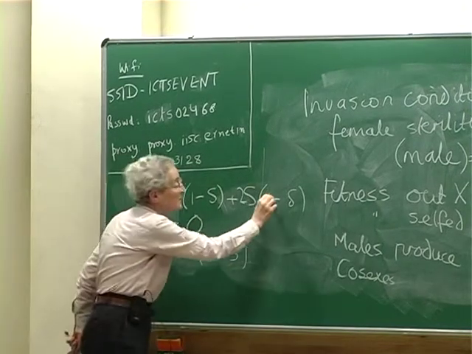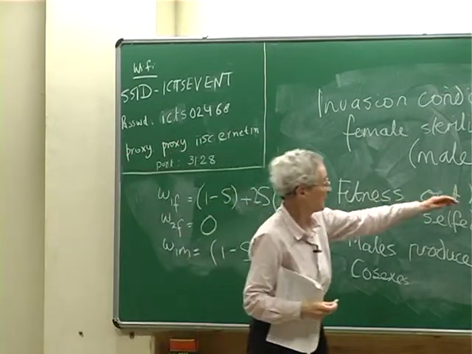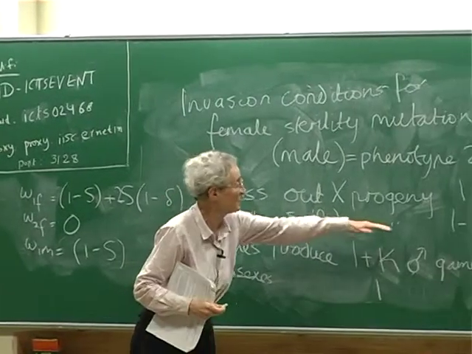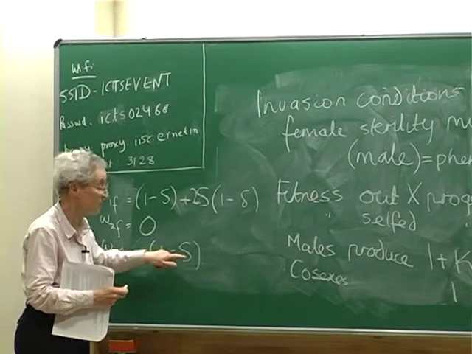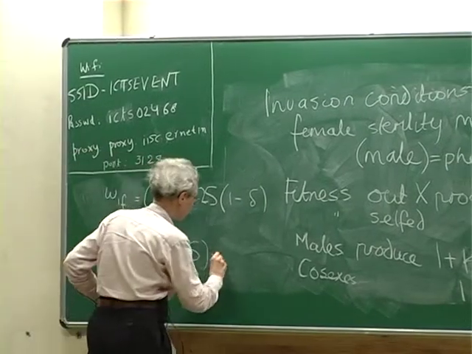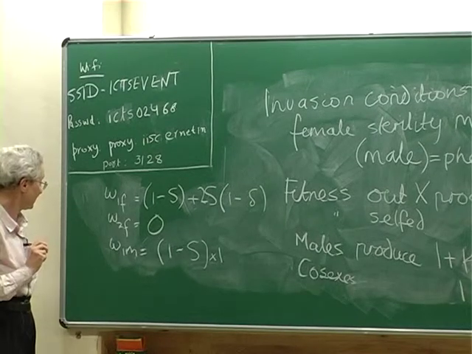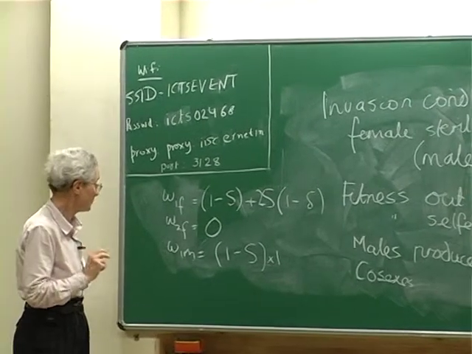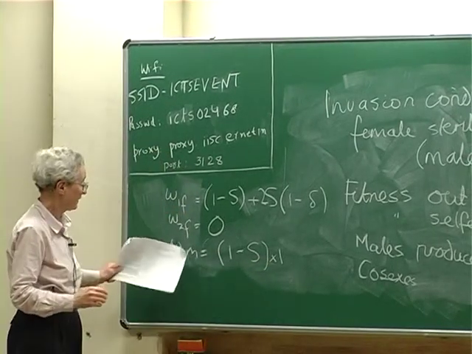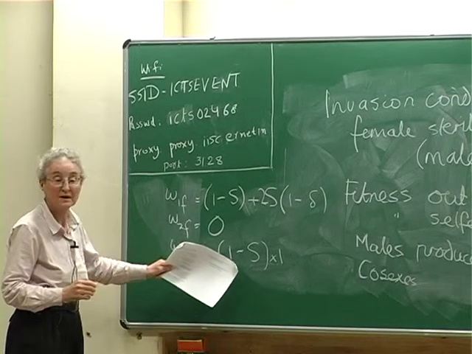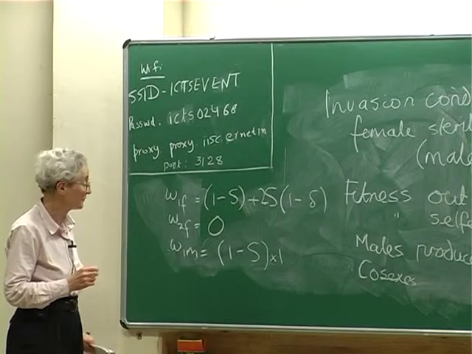It's not 1 minus delta, it's just 1, I think that was just a slip. The fitness of the selfed ones is 1 minus delta. The fitness of the outcross progeny, which is what these ones would be, that's 1. I don't have to write it really, but just to make it clear. It can contribute gametes only as a male, only by fertilizing ovules, and this other phenotype doesn't have any ovules.